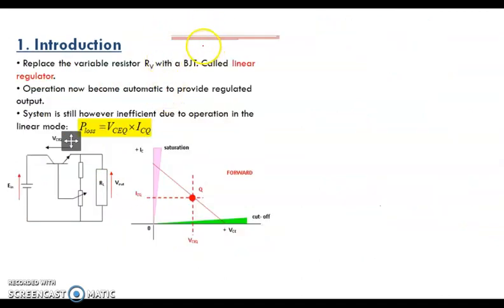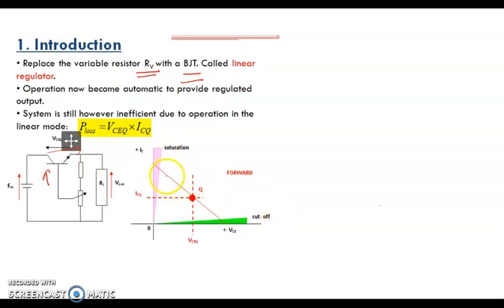Another linear regulation approach, instead of using a variable resistor as just explained, is usually to use a BJT, bipolar junction transistor. When we inject current at the base, we are able to limit the amount of current that flows through the circuit, and also the voltage that is blocked or released to the circuit. So this is the curve.